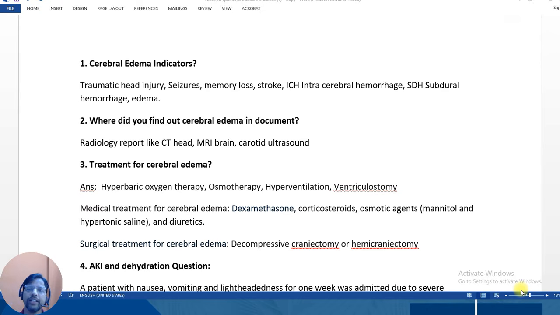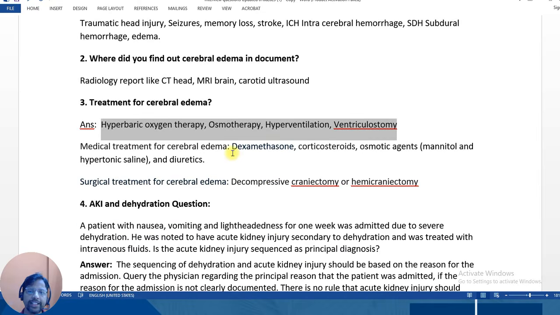Next, we need to understand the appropriate treatment for cerebral edema. Most of the time, the treatment for cerebral edema is hyperbaric oxygen therapy, osmotherapy, hyperventilation, and ventriculostomy. Those are basically surgical treatment. For example, if the patient is treated for cerebral edema using medications, these are the medical treatment.